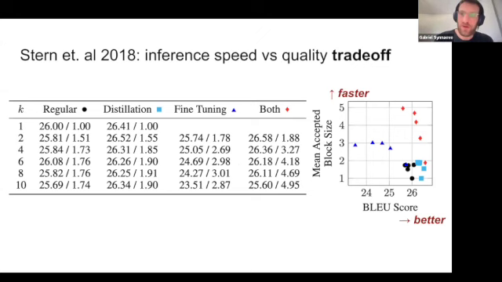Then you can look at, okay, if you don't necessarily care about being correct all the time, you can do a trade-off between speed and quality. So this is another paper that really studied that. If you want to know more, you should go read this paper. But basically, if you say, okay, I don't care that much that I have verified completely, what is the loss in quality I can take?